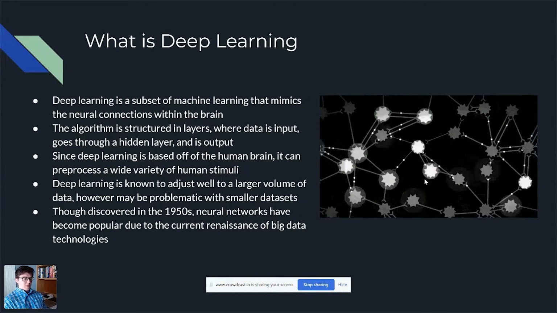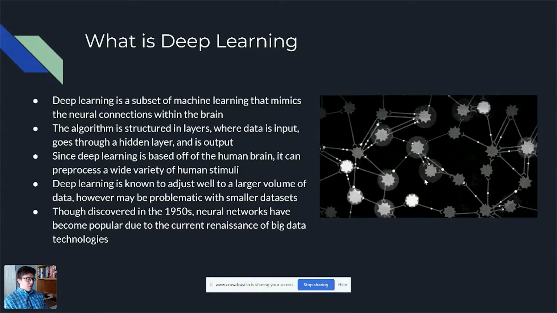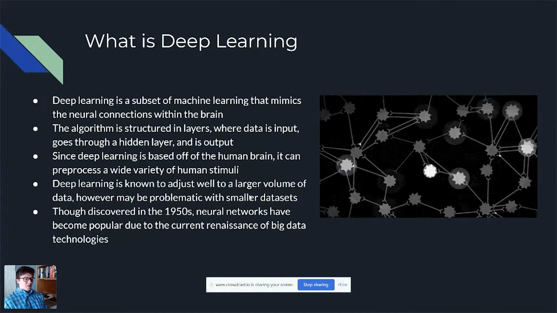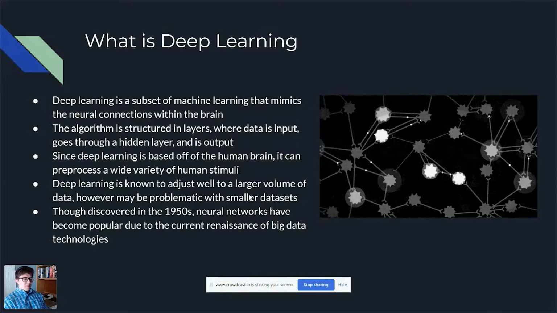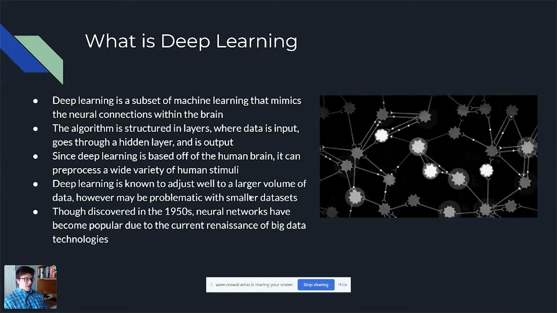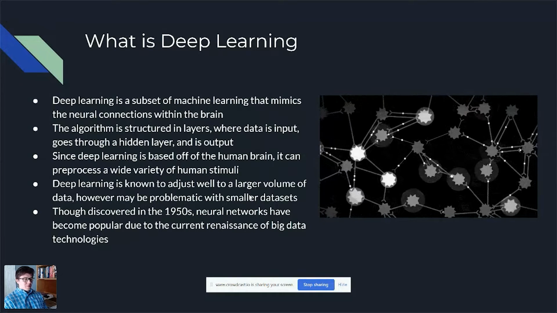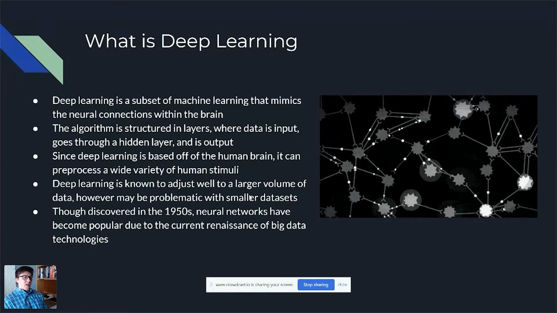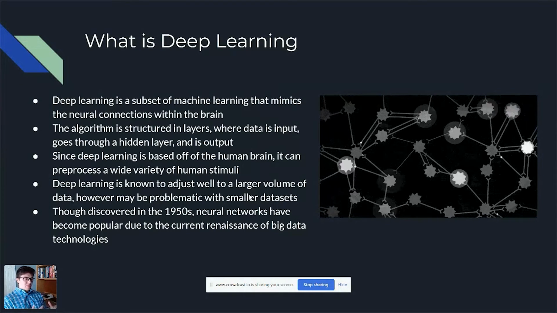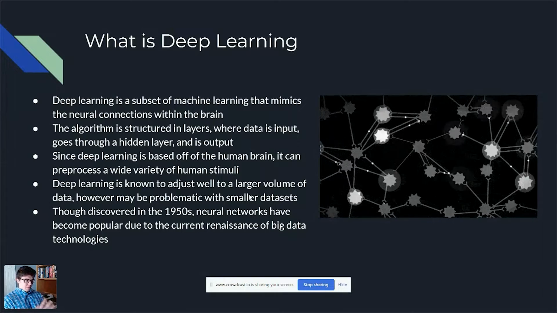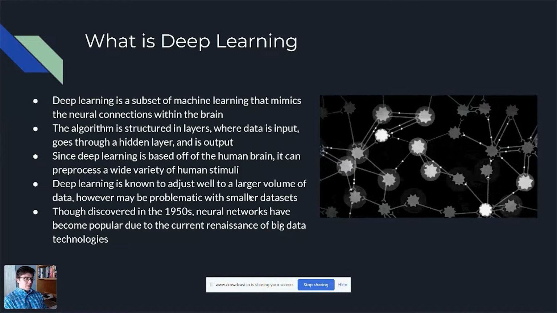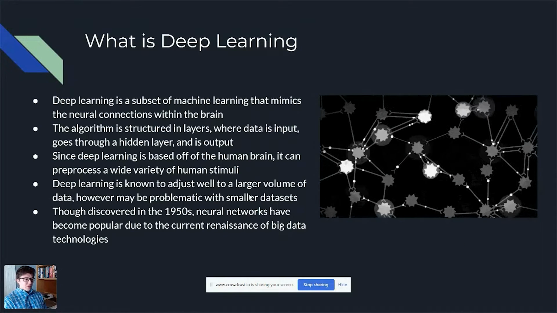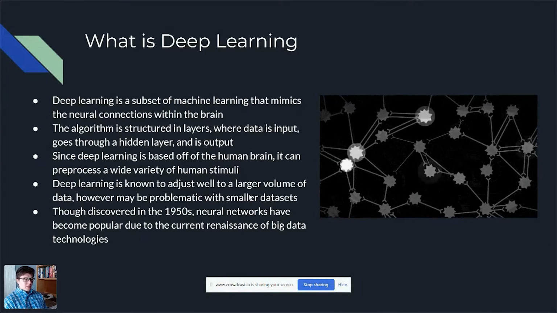and it is very well suited for larger data sets. Now you might be wondering, this is a really cool advanced algorithm, I wonder who originated it. Probably not too long ago, but in reality, the first neural networks were created in the late 1950s. However, the reason we're seeing this renaissance of deep learning and neural networks right now is that our big data technologies have really started to expand, especially in the last 10 years.